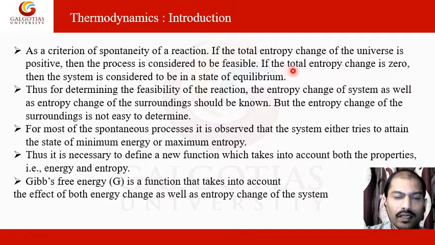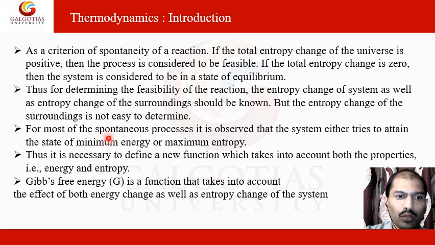So if these conditions are satisfied, it will either be feasible or in equilibrium. Thus for determining the feasibility of the reaction, the entropy change of the system as well as of the surroundings should be known, but the entropy change of the surroundings is not easy to determine.